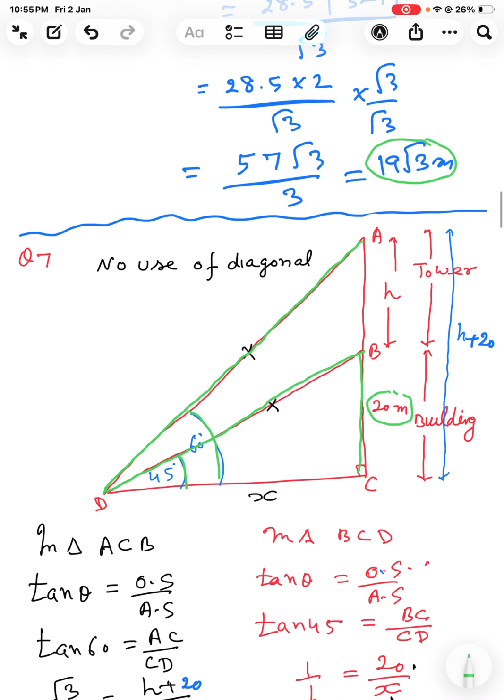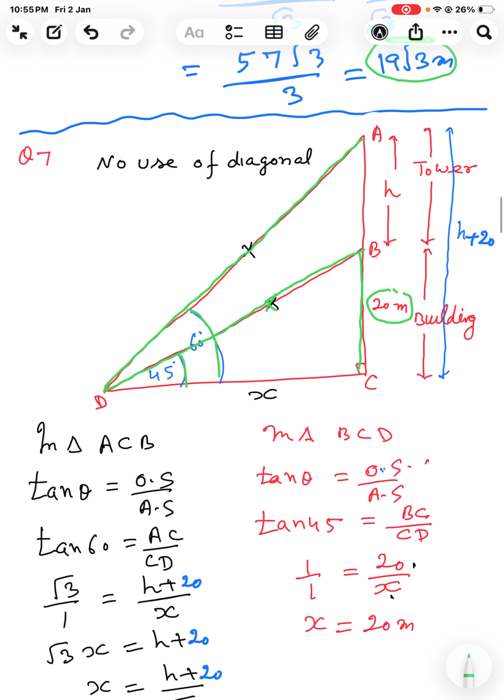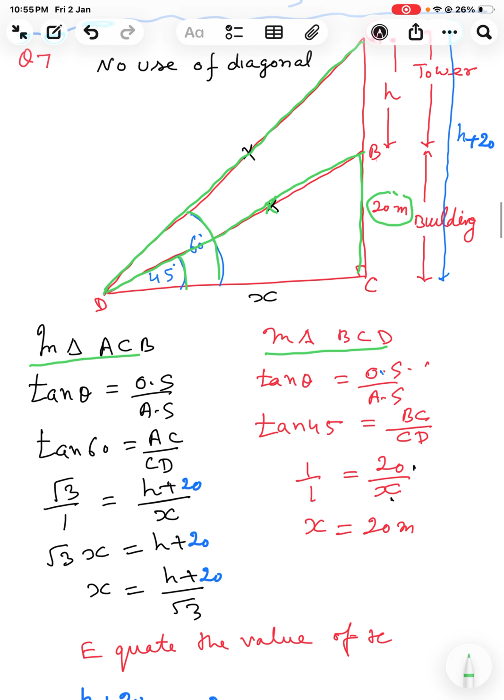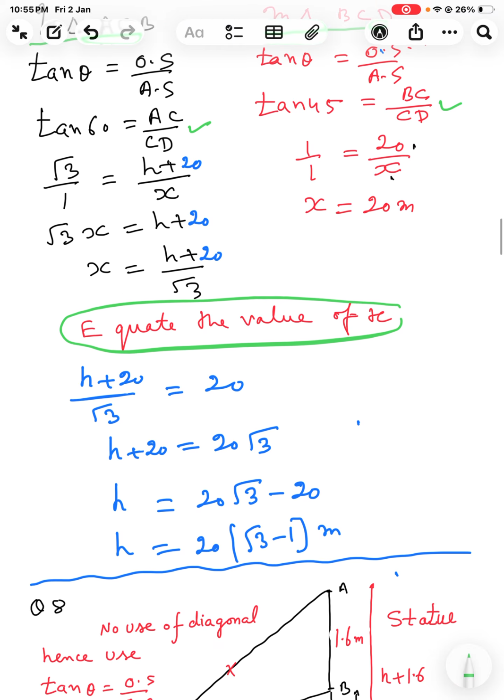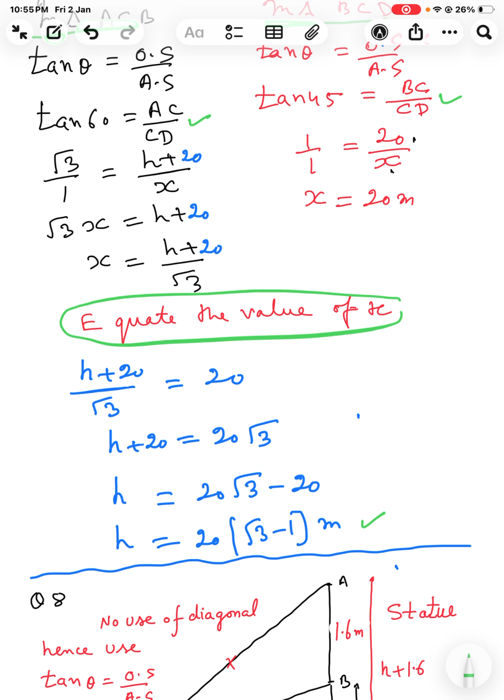In both cases diagonals are not required, so apply tan theta in triangle ACB and in triangle BCD. Tan theta equals opposite side upon adjacent side, tan 60, and put the value of tan 45. On equating the value of x, after solving, h equals 20 times root 3 minus 1.